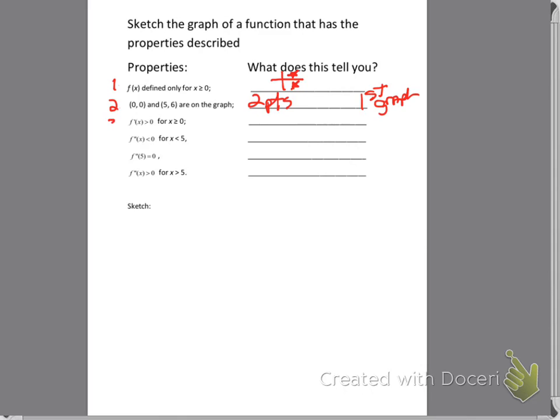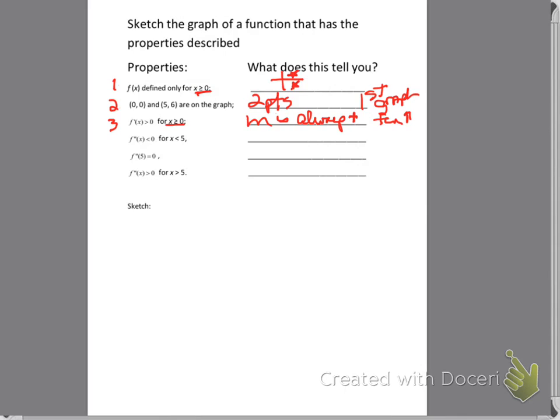Then our third property, f prime of x is greater than 0 for x greater than or equal to 0. So that's everywhere. Our slope is always positive, so that means my function is always increasing.